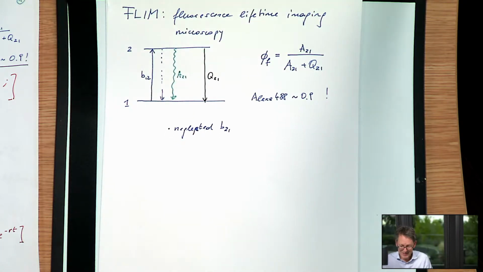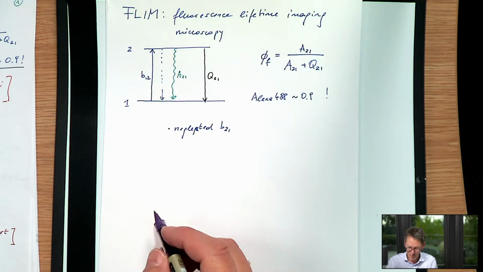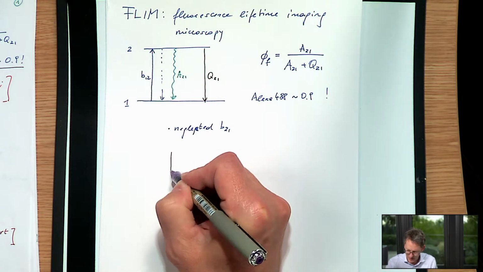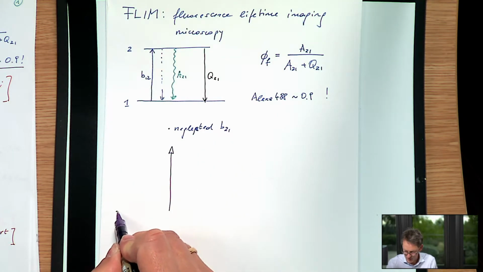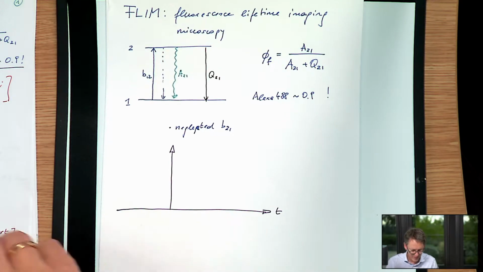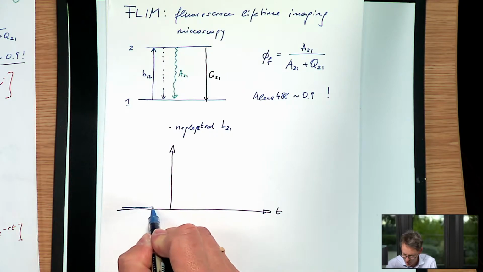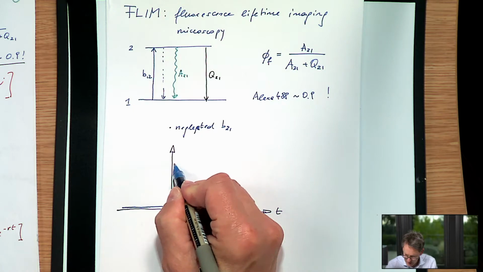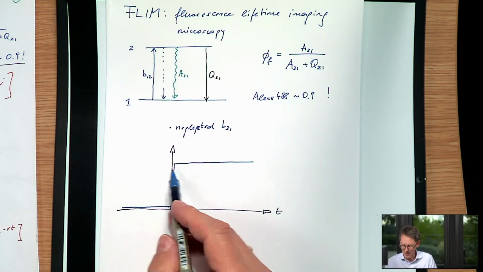Okay, now let's assume we excite this molecule here with an excitation step function. So I draw a time axis here, and the light is off initially, and at t equals 0 I turn it on, and then it rises rapidly in a step, and then I just leave it on.